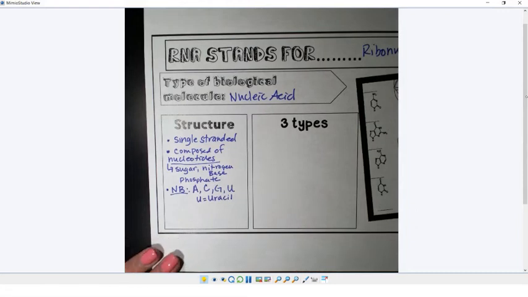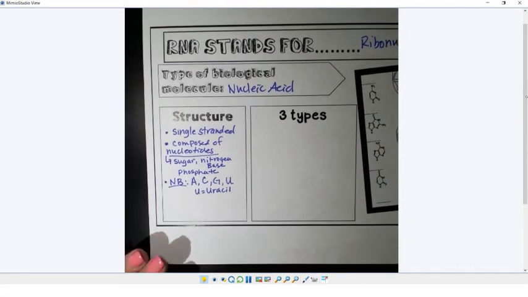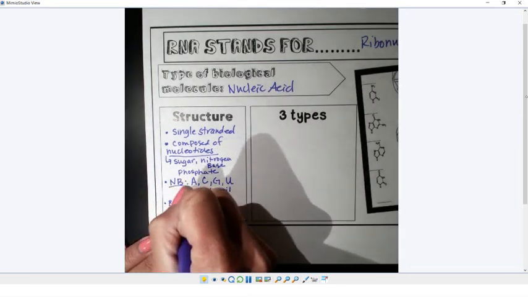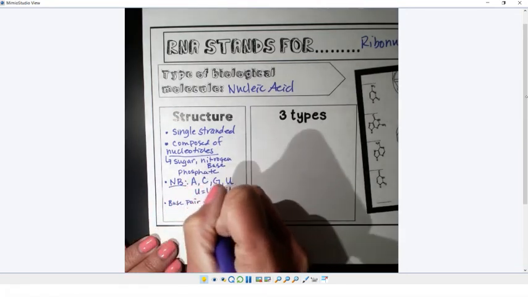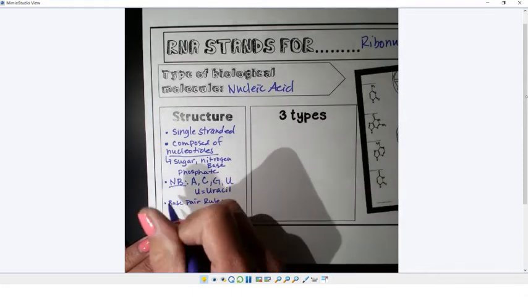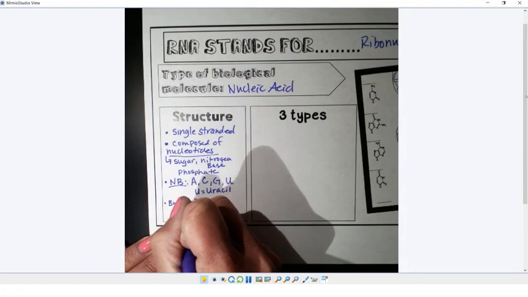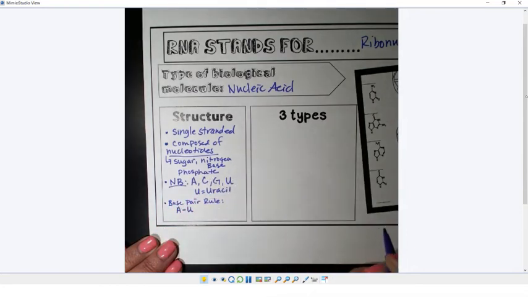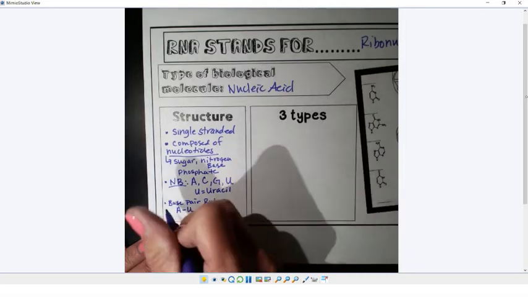Okay? So we still have the same base pairing rules. So let's put base pair rule. Extremely similar. Okay? So we have A is going to match with U. Okay, that's one scenario.